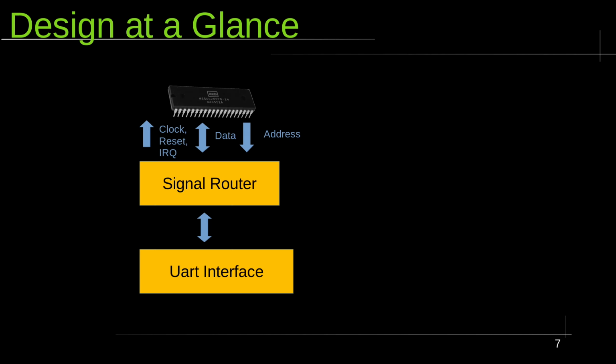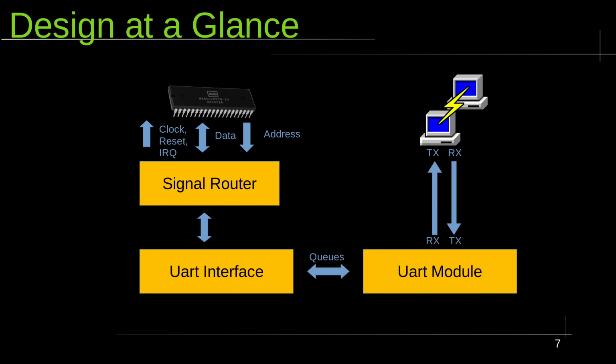So whenever the 6502 writes data to any of those addresses that we talked about, the signal router is going to detect that, and it's going to send that information to the UART interface, which might send it to the computer. The UART interface communicates to another part of the FPGA that's going to generate the signals to communicate with the PC, and it's going to do that via queues.